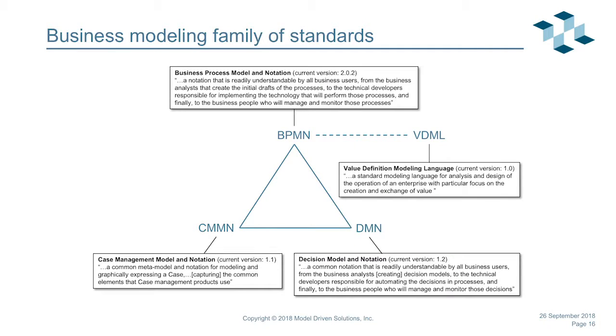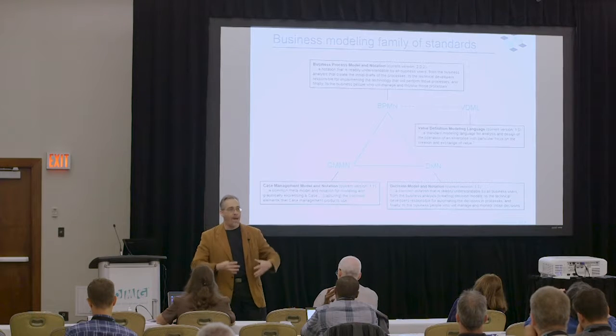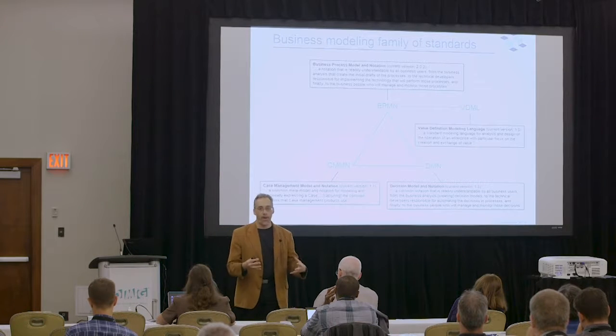Complementary to that triangle of standards is another one called VDML, which is the value definition modeling language. That's fairly recent, that's in version 1.0. It is for general analysis and design of the operation, so it is more at the enterprise level, and it focuses on how you generate value from the enterprise.